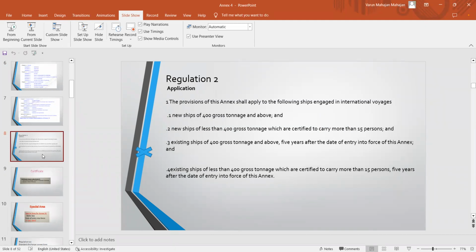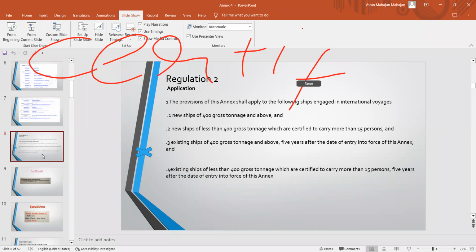What is the name of the certificate under this annex? Anyone? Even in the short form, if someone can tell? Approved STP?